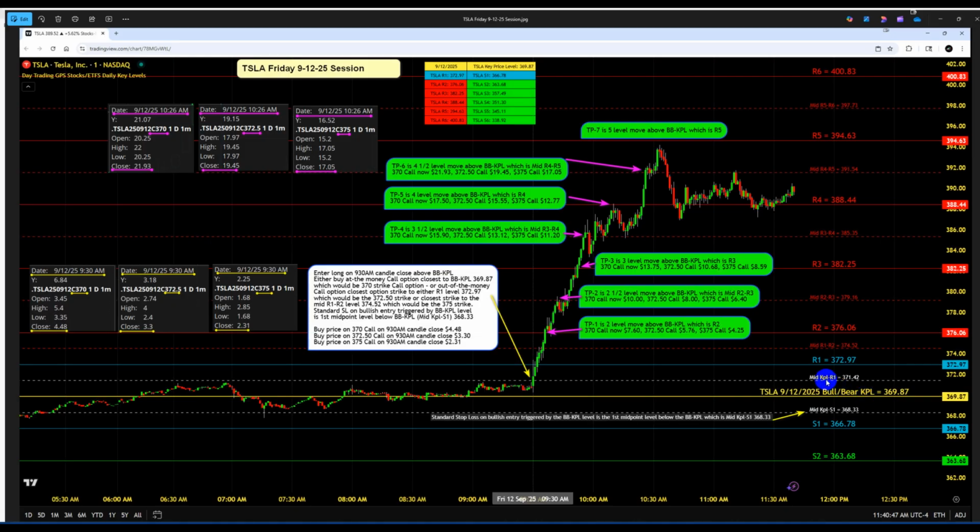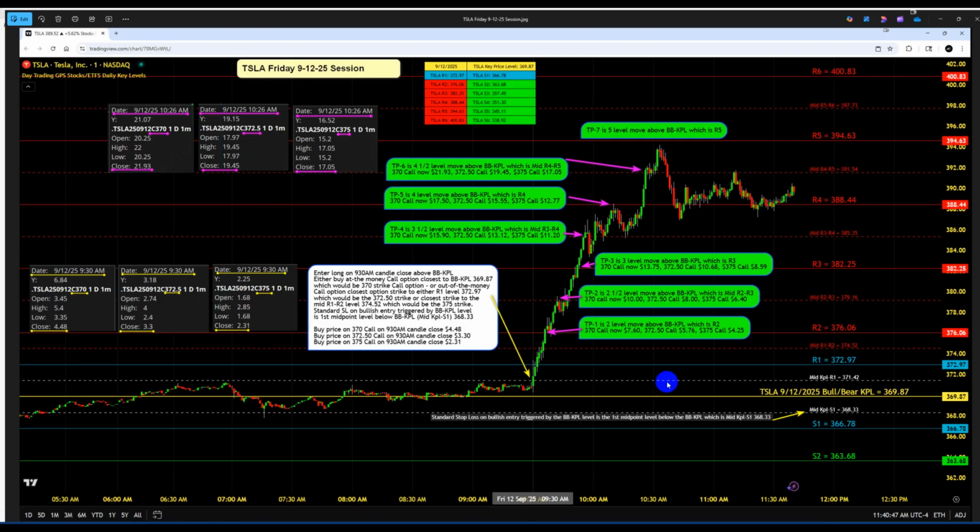The midpoint levels above and below the bull-bear KPL are your standard stop-loss levels for bullish and bearish entries on entry signals triggered from the bull-bear KPL. So as an example, on a bullish long play that's triggered by an entry signal at the bull-bear KPL, your stop loss would be mid KPL S1, which for today for Tesla is 368.33.